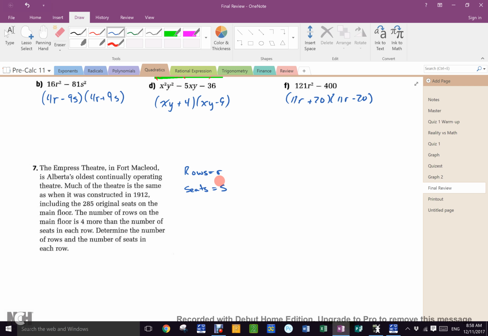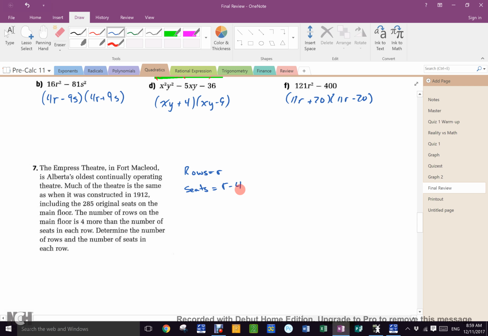What do I know about the seats? The number of rows on the main floor is 4 more than the number of seats. So if the rows are R and there's 4 more rows than seats, what are the seats? R minus 4. So the seats are R minus 4, yes?